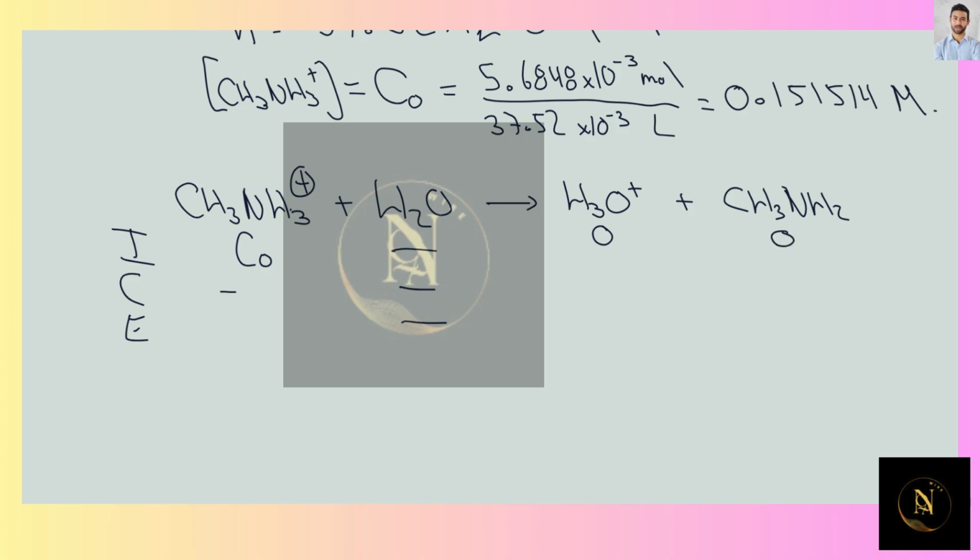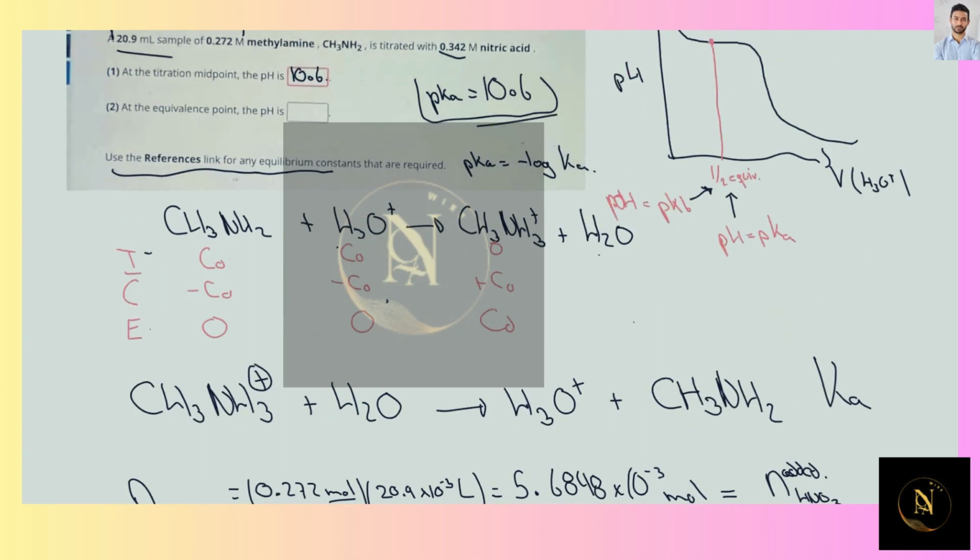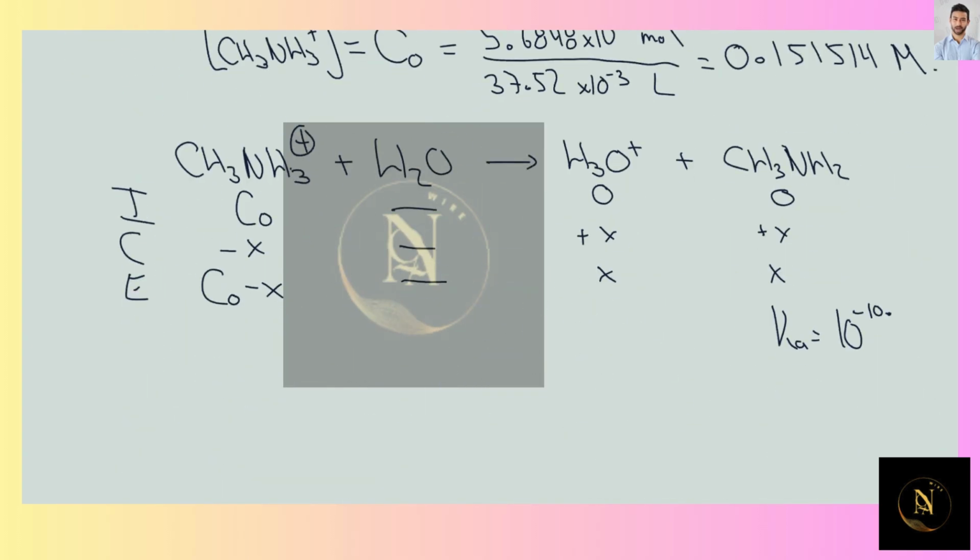A fraction gets dissociated, minus x and plus x. So at equilibrium, we get C0 minus x, and x. The value for Ka is equal to 10 to the minus pKa, so 10 to the minus 10.6. Thus, we can apply the small x approximation.